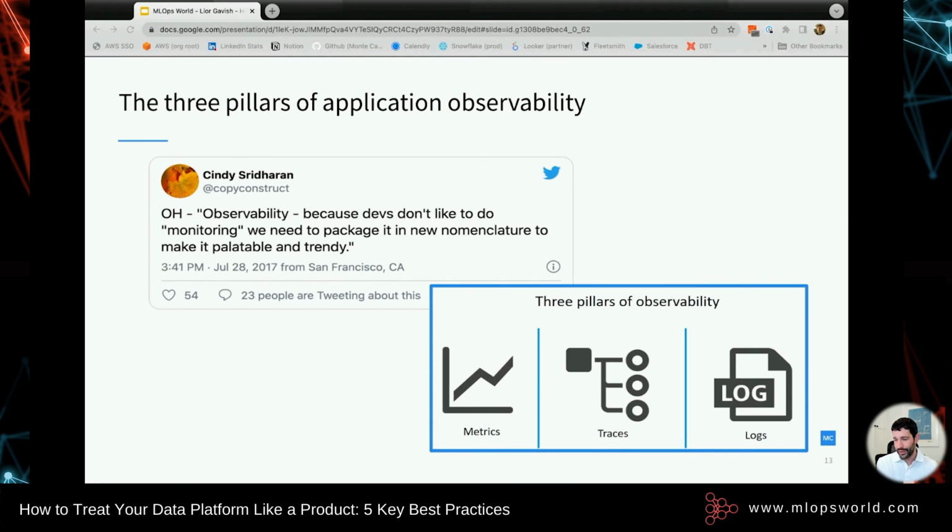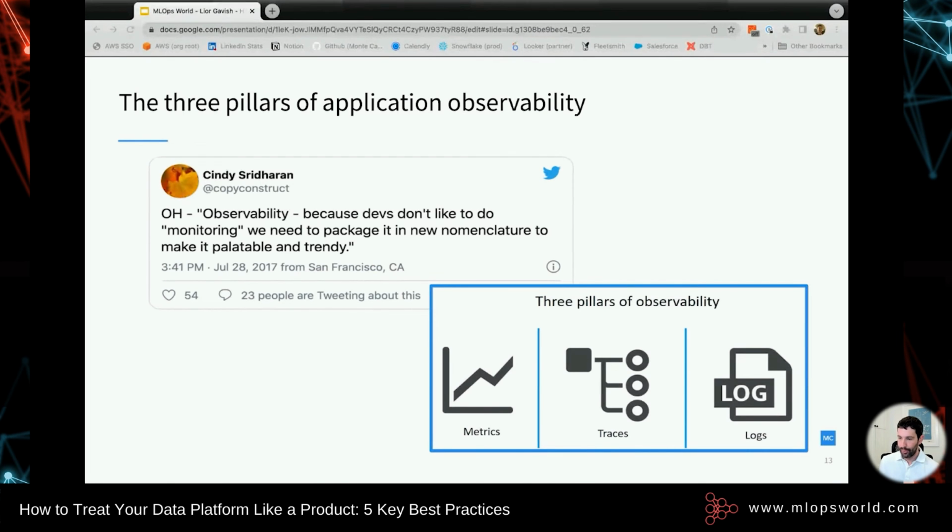In software engineering, you collect metrics and traces and logs, which give you a picture of how well the system is performing against its SLAs, and that give you a very granular understanding of not only whether the system is performing, but also why it is performing or not performing.